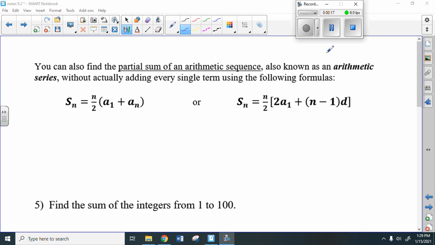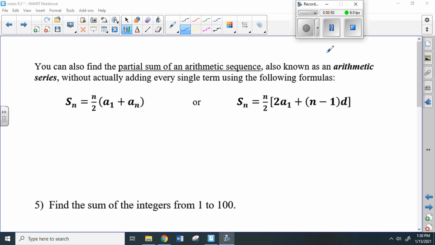With arithmetic series, because the pattern is adding or subtracting the same number every single time, the numbers are going to keep getting bigger forever, or more negative forever. So when you add them all up, if you're trying to add an infinite amount, you're going to get infinity or negative infinity.